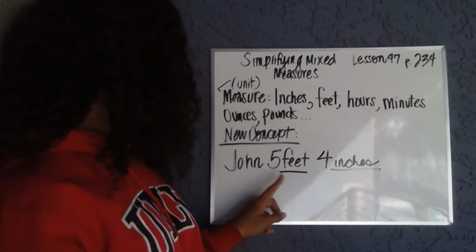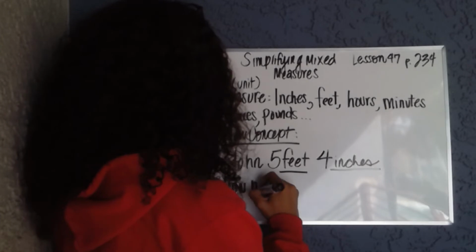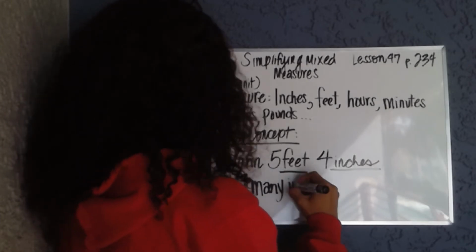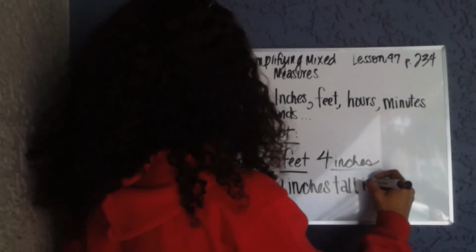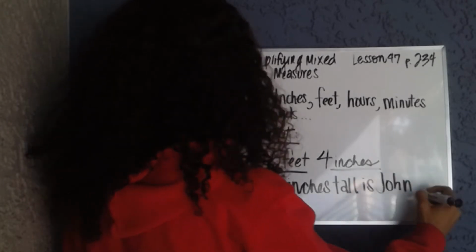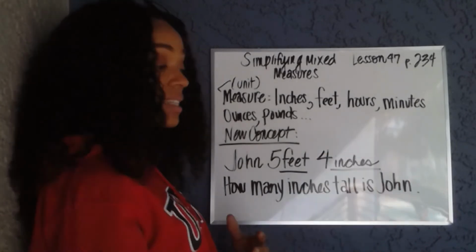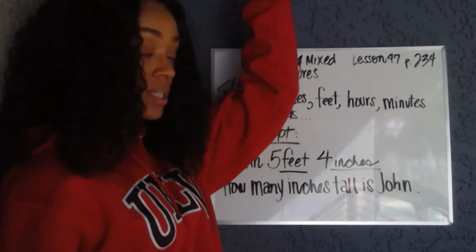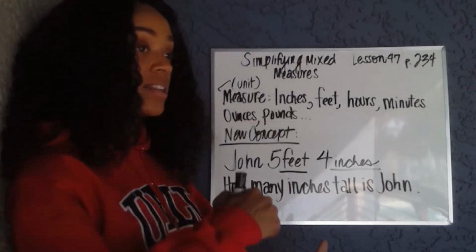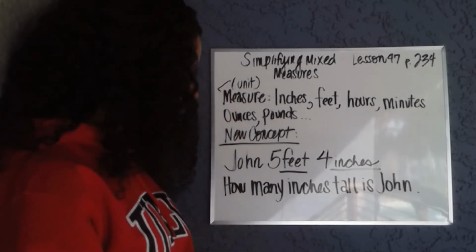They want to know in this equation how many inches tall is John. Okay, well, we know he is at least 4 inches tall, but we have to take this larger unit, our feet, and convert it over to inches in order to get our answer for the problem.